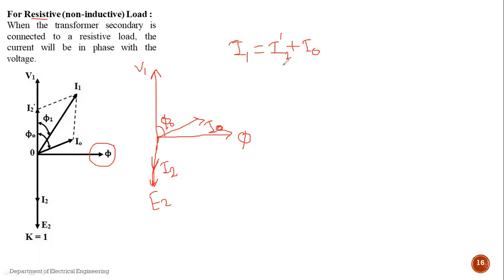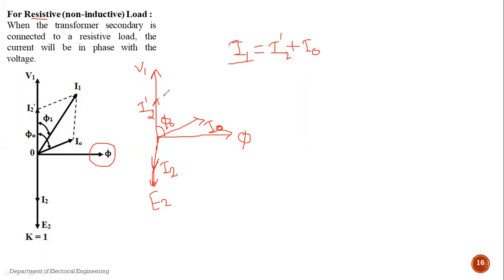I2 dash is nothing but the additional amount of current taken from the primary, but it is opposite in direction to that of the previous I2. I2 च्या opposite असेल. So the I2 can be extended in the opposite side, and we can represent this as I2 dash. हा जो आहे तो I2 dash आपण represent केला. Now the vector sum of this I2 dash and I0 is nothing but I1.